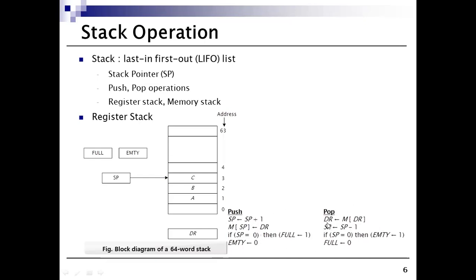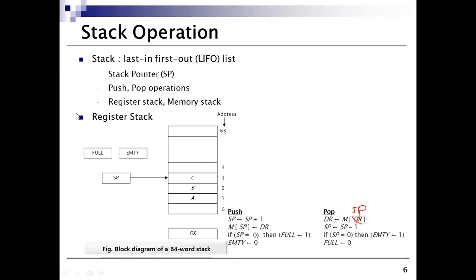First, the transfer of contents from top of stack to DR. Sorry, this is SP. This is not DR. This is SP. My mistake. And then SP will be decremented.